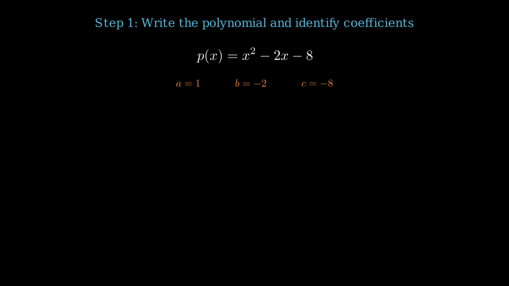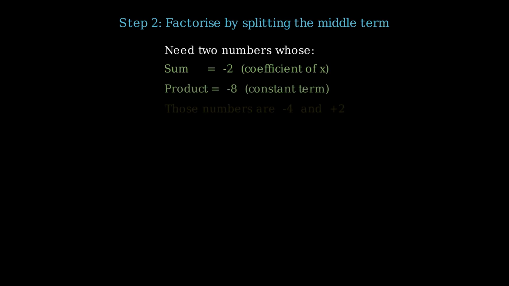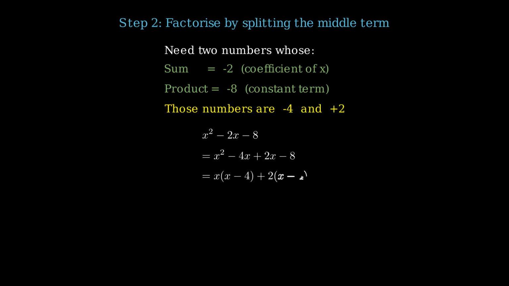Step 2. Factorize by splitting the middle term. We need two numbers whose sum equals negative 2, the coefficient of x, and whose product equals negative 8, the constant term. We try the pair negative 4 and positive 2. Negative 4 plus 2 equals negative 2 and negative 4 times 2 equals negative 8.